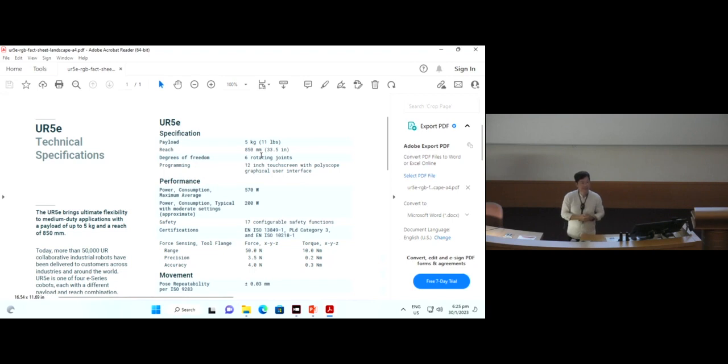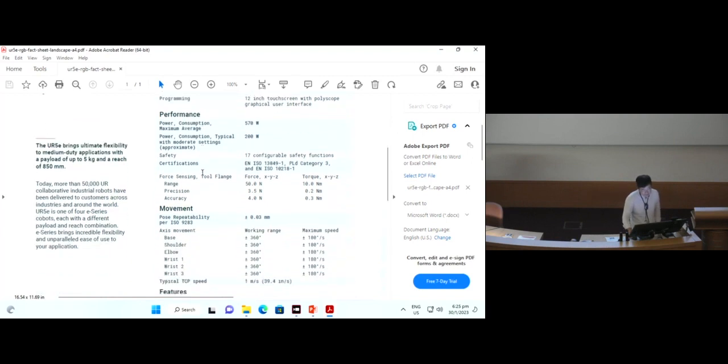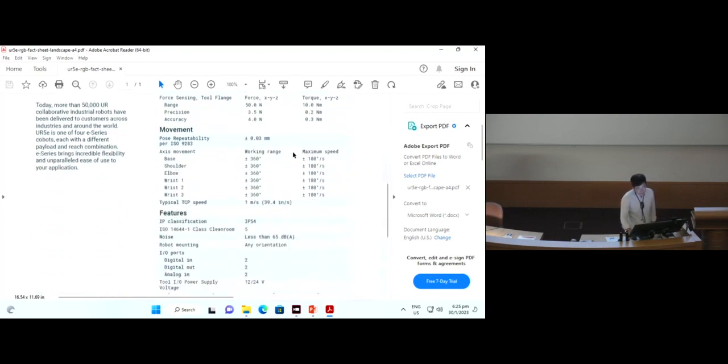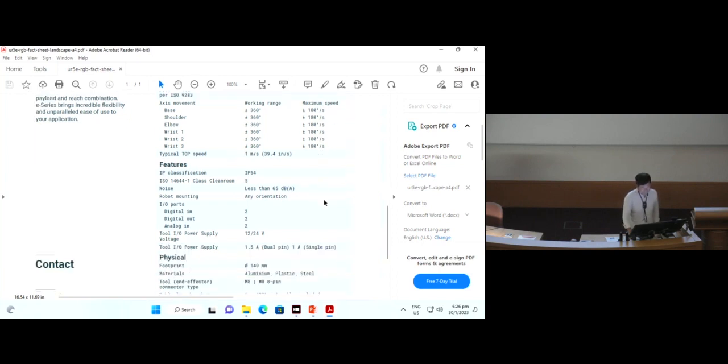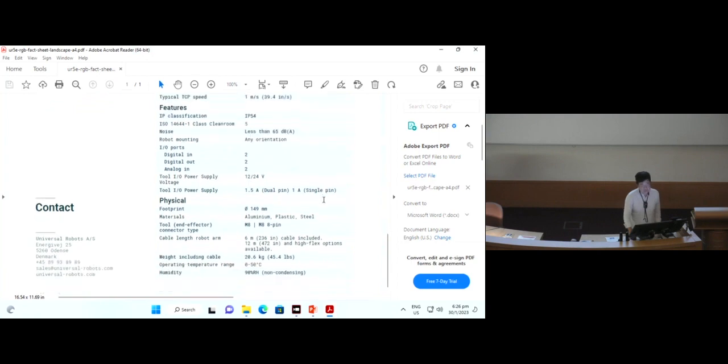Okay. And then there are other parameters, the force sensing, and then the working range for the robot. So you bear in mind the maximum speed. Any question? Any other questions? Simple assignment.